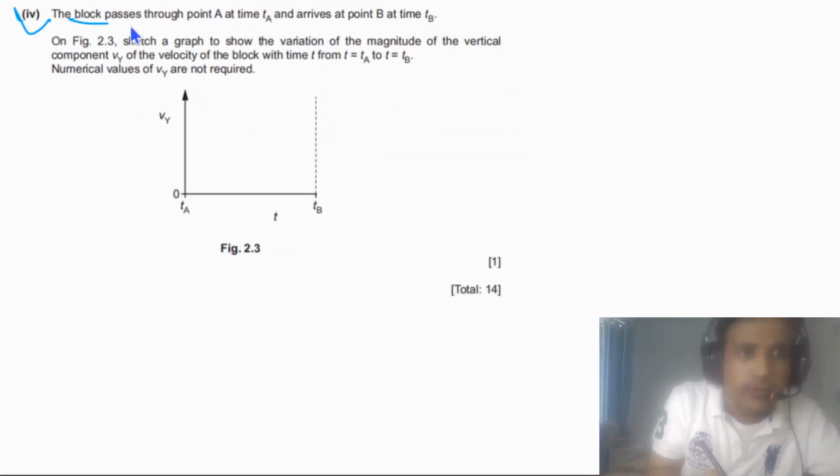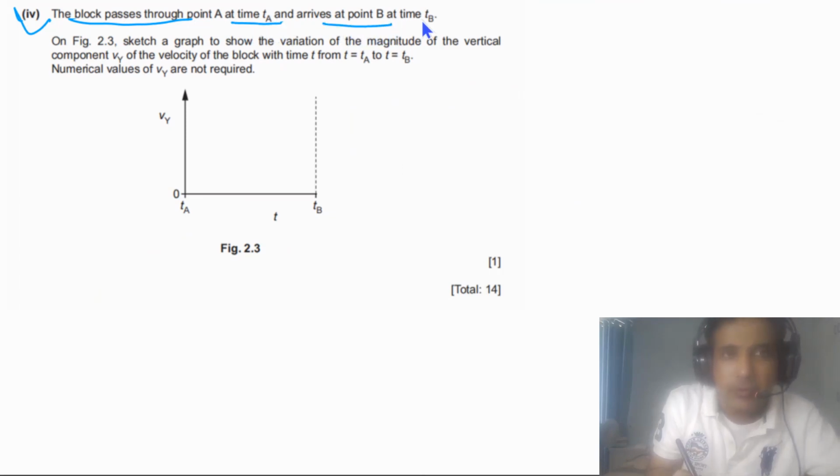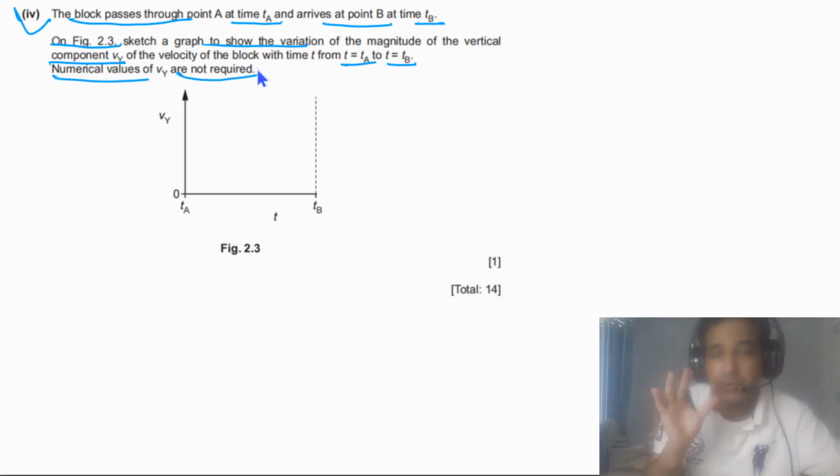Part 4 says the block passes through point A at time TA and arrives at point B at time TB. On figure 2.3, sketch a graph to show the variation of the magnitude of the vertical component Vy of the velocity of the block with time t from t equal to TA to t equal to TB. Numerical values of Vy are not required.